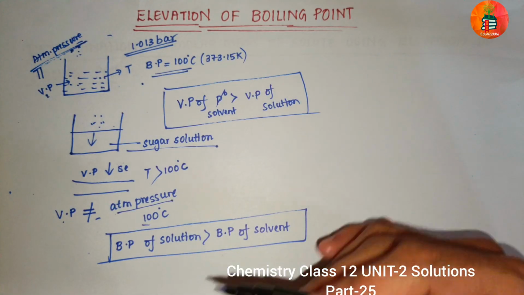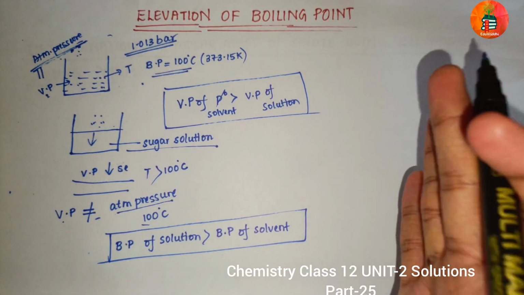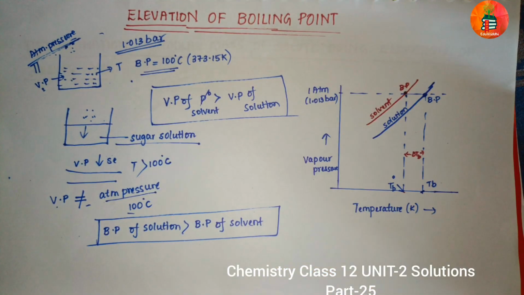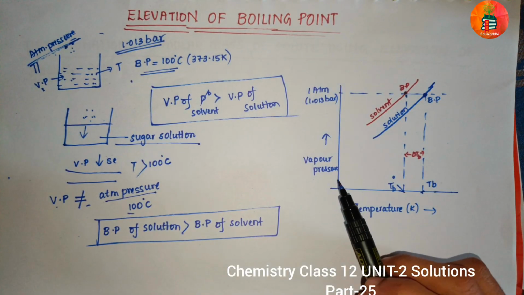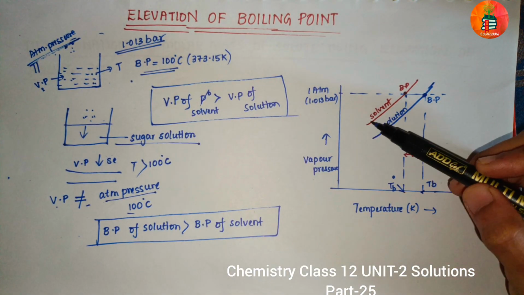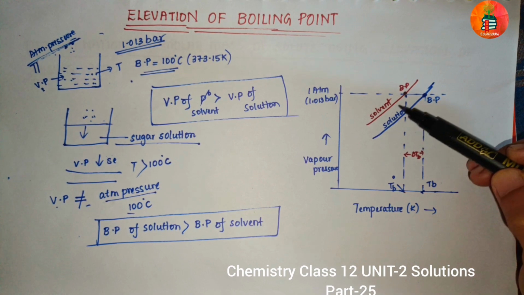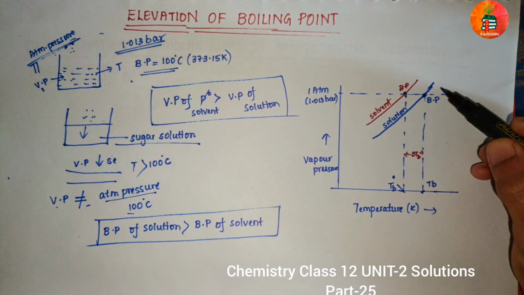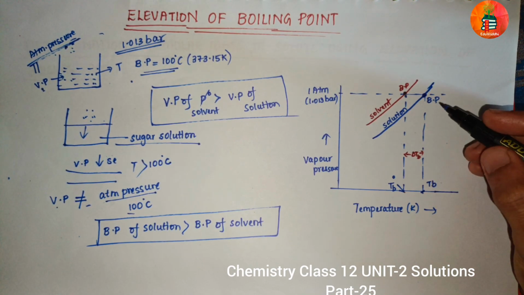To understand this concept clearly, let me take the graph. See the graph here. This is the graph of vapor pressure versus temperature. There is a curve for solvent, represented in red color, and a curve for solution, represented in blue color.